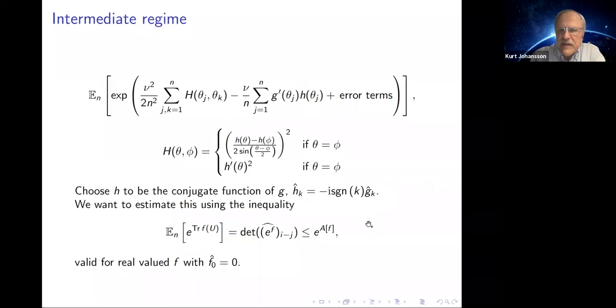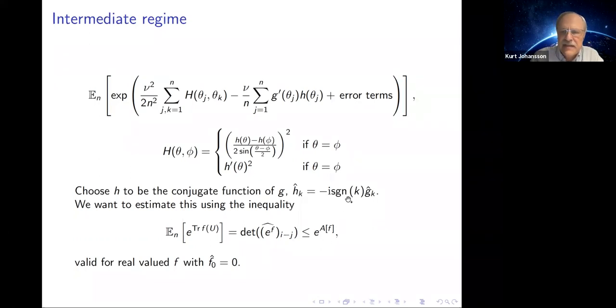So it turns out that the good choice here is to choose H to be the conjugate function of G. So you change sines and cosines, right? So the Fourier coefficients of H_k is minus i sine of k times the Fourier coefficients of G, right? If you would replace the sum by integrals over the thetas, this is what would make this as negative as possible.